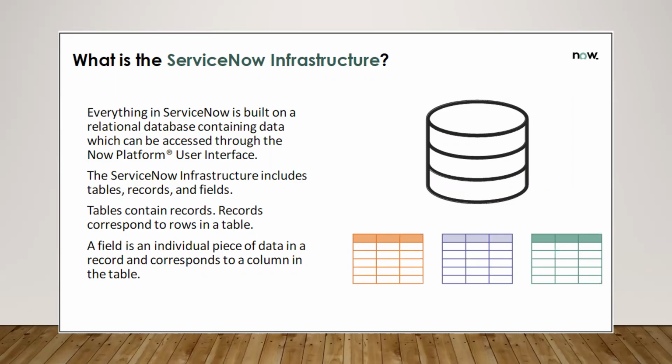The ServiceNow infrastructure includes tables, records, and fields. A table contains records. Records correspond to rows in a table. A field is nothing but an individual piece of data. When we see a record, you will understand it better.